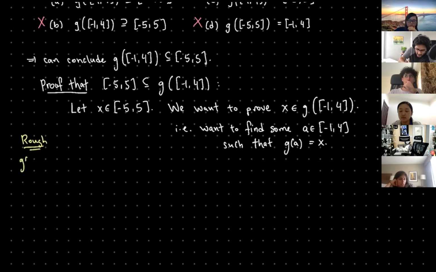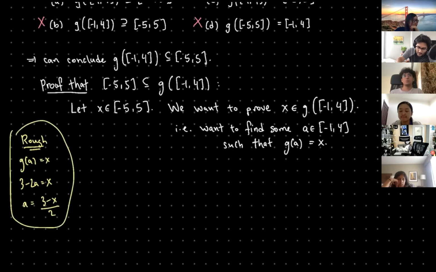So if g of a equals x, that means 3 minus 2a equals x. And I can solve for a, I get a equals 3 minus x over 2, right? So this is side work. But now when I write up the proof, let's say let a equals 3 minus x over 2, right?